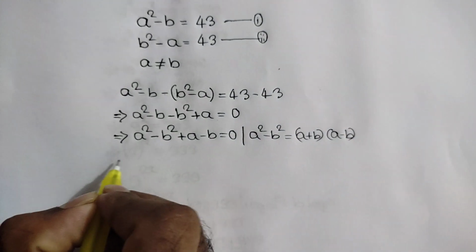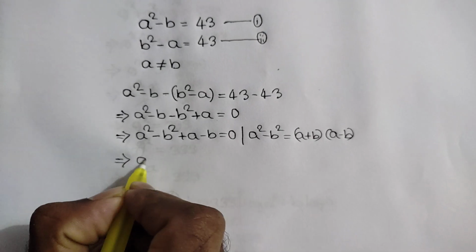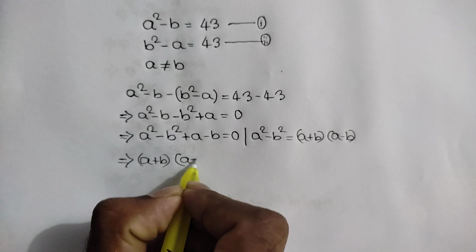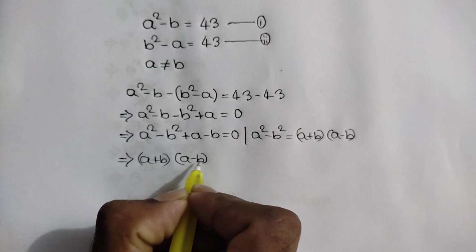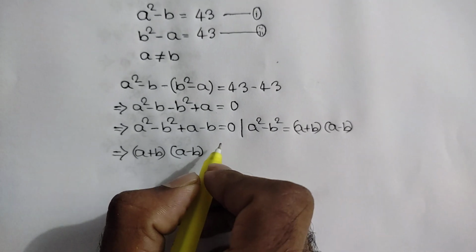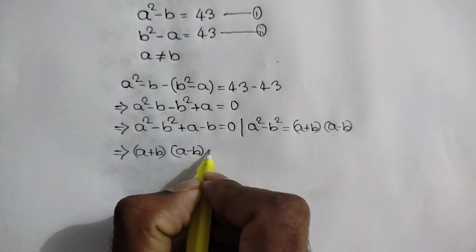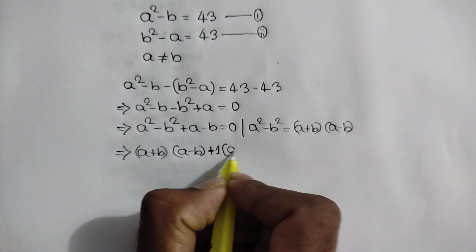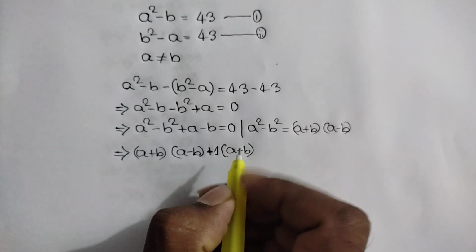So we can write a plus b, a minus b, and taking common plus 1 from the last two terms, we can write plus 1 a minus b.